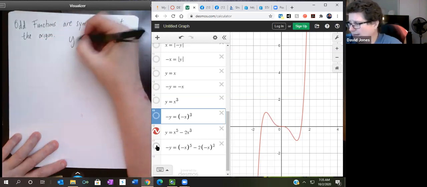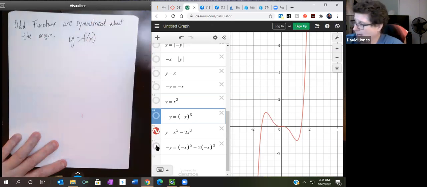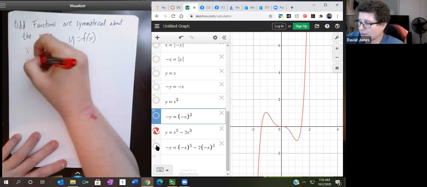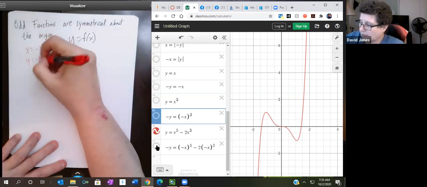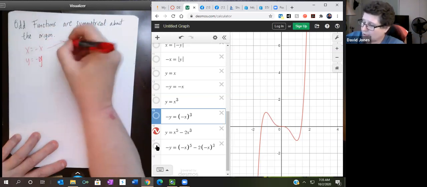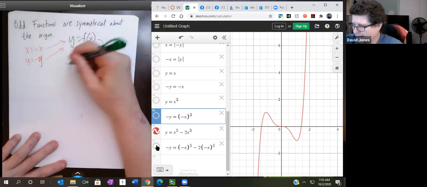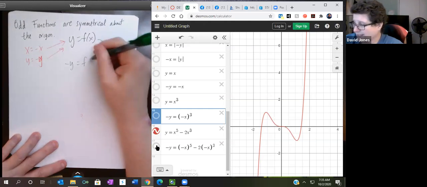We have y equals f of x, and we do x equals negative x and y equals negative y. We take those, plug them in. You get negative y equals f of negative x, like that.